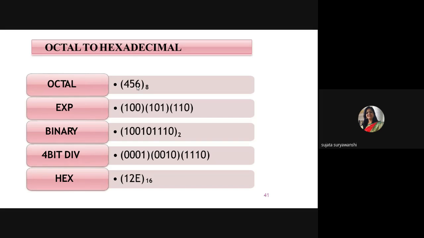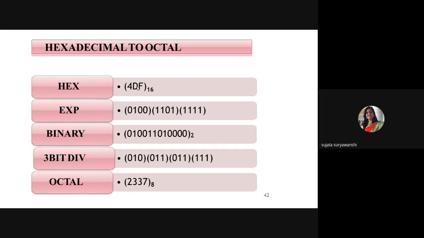Can you tell me in hex to octal? 3 digits? 4 digits? 4 digit. 4 digit, because our given number is in the form of a hexadecimal number, and a hex digit can be represented by a 4-bit binary number.